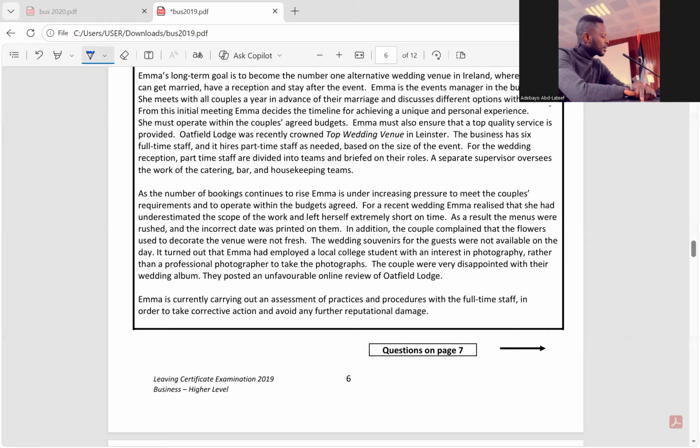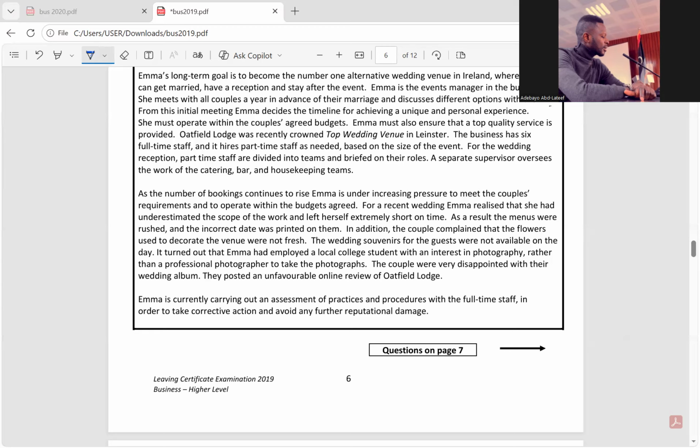So instead of employing a qualified expert, Emma employed a college student who has an interest in photography, who is not a professional photographer. We continue. The couple were very disappointed with their wedding album.